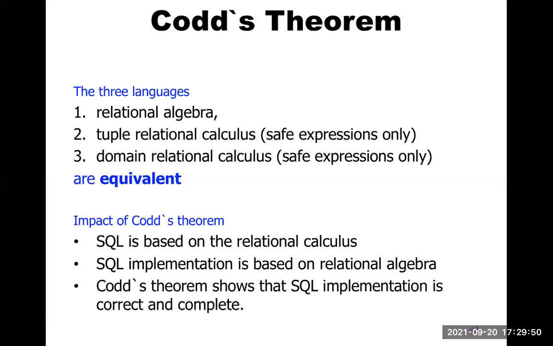But the implementation of SQL is based on relational algebra. And their equivalence means that for everything we write as an execution plan, an implementation of this SQL command, we may find an equivalent relational algebra expression that runs the system to a result.